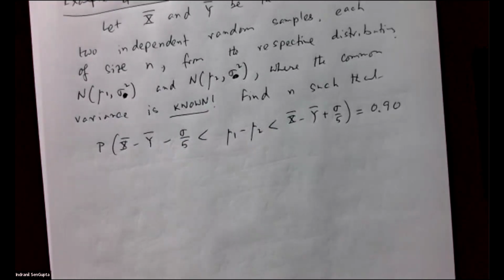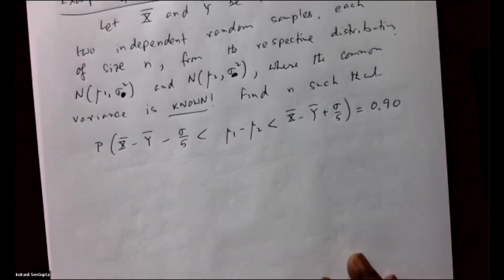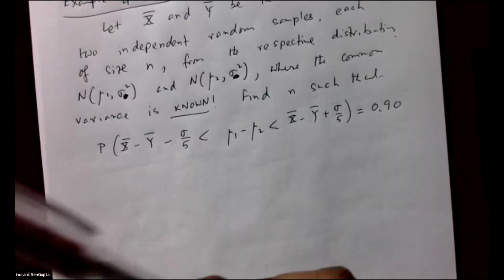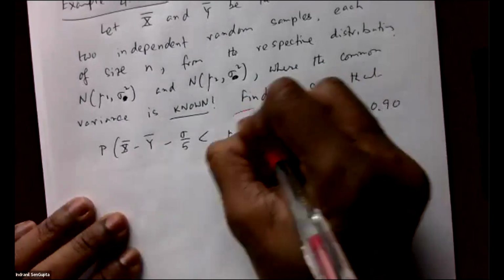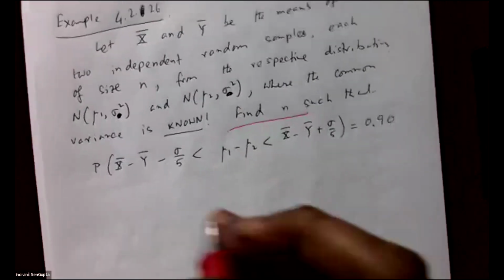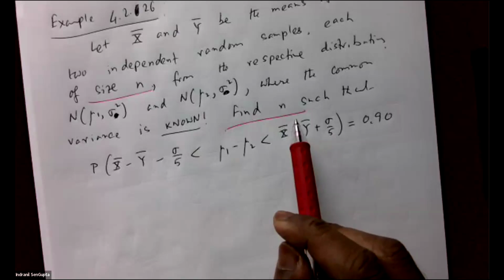Okay. So that is the problem. So this problem is asking you to find the value of n. What is the sample size? Both of the samples are of size n.